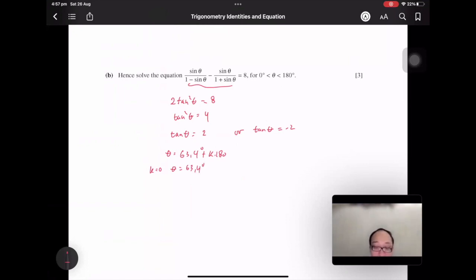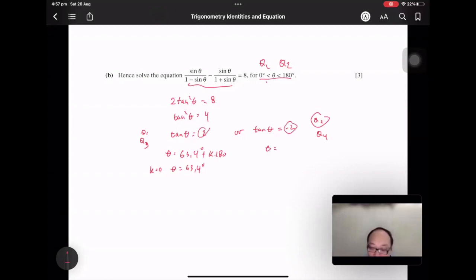And tangent is positive in quadrant 1 and quadrant 3, but the region is only for quadrant 1 and quadrant 2. So no need to find the quadrant 3. So from the right side, tangent negative, quadrant 2 and quadrant 4. So we're looking for only quadrant 2. So the theta in quadrant 2 is, this is negative 2, yeah, so the same as this.